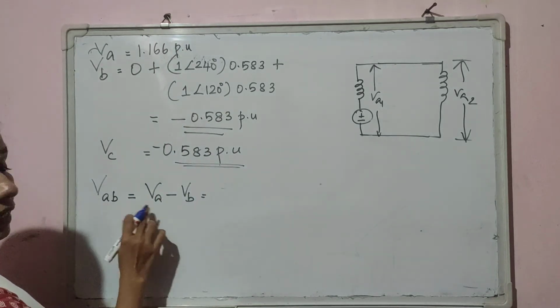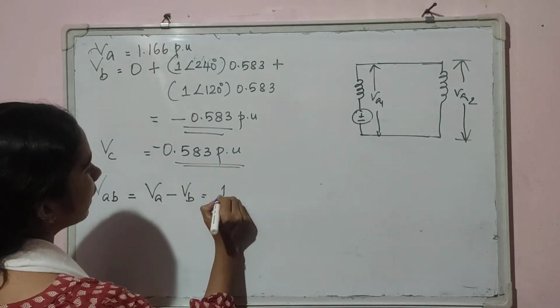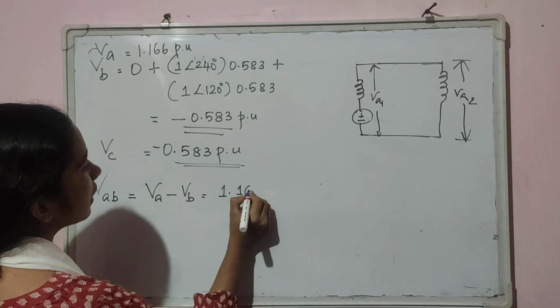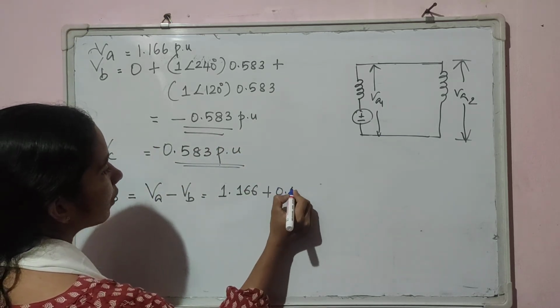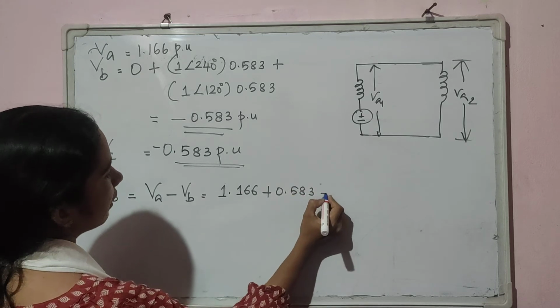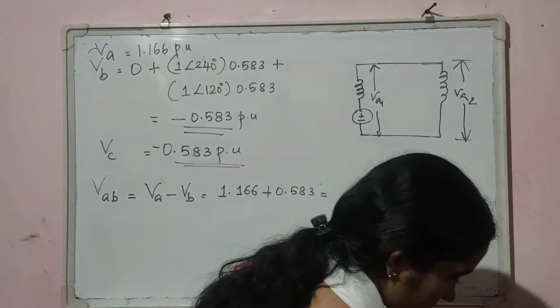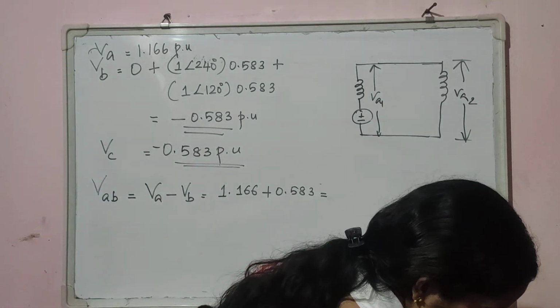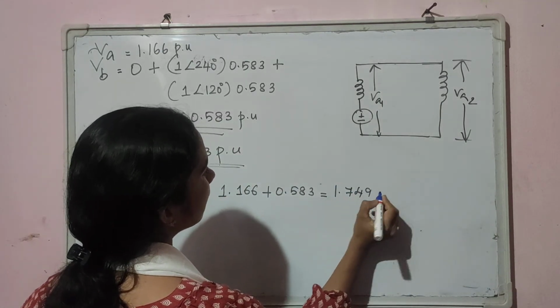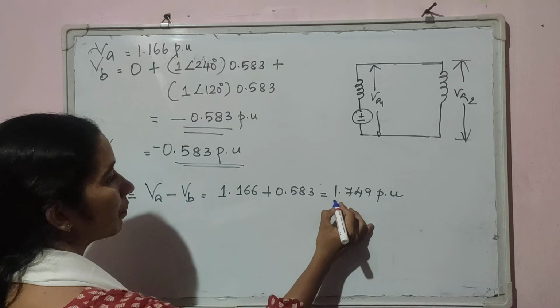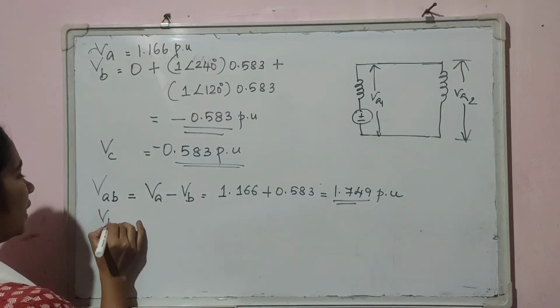Now VAB is VA minus VB, that is 1.166 minus 0.583, that is plus 0.583, which is equal to 1.749 per unit.